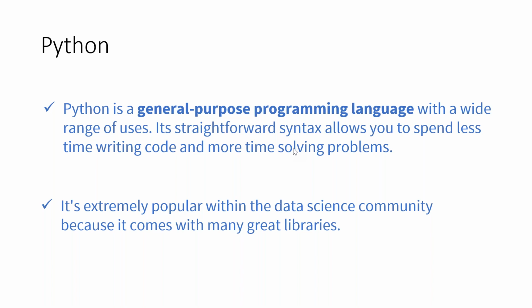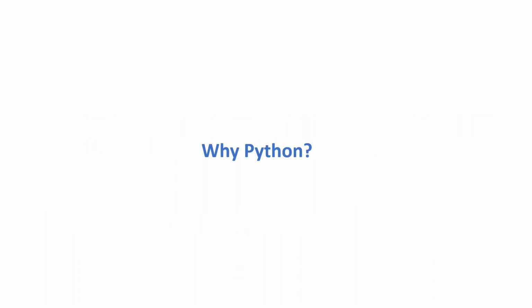Okay. So Python is extremely popular with the data science community because it comes with many great libraries. Like we talked about earlier, there is pandas, there is numpy, and ML algorithms like scikit-learn and keras. All these things come. So quickly, why Python?